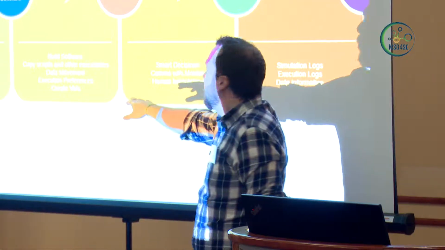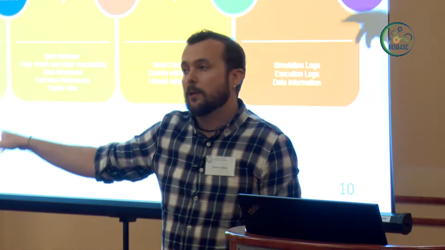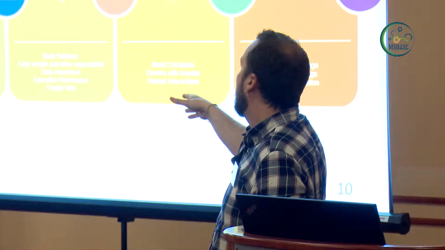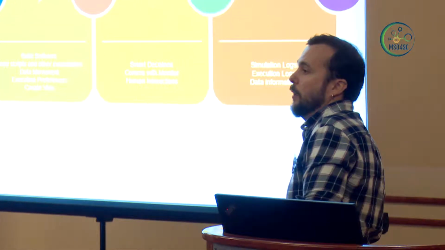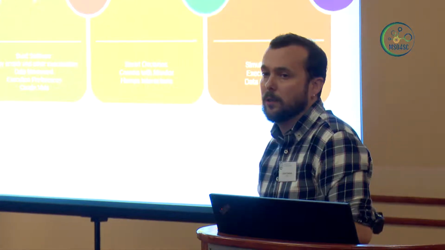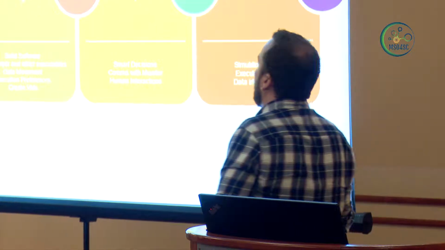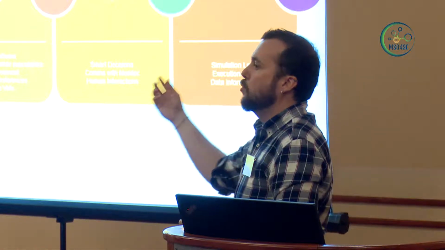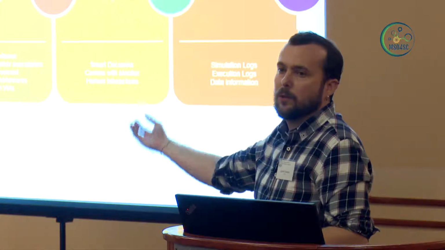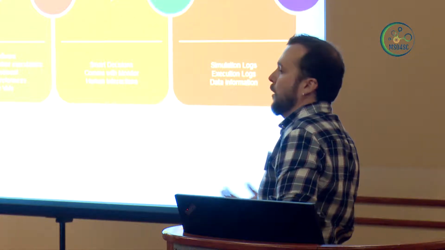Then this is going to be sent to the orchestrator and the monitoring part, and what it's going to do here is to deploy the execution. For example, if we have an application, we are going to copy the data from the repository to the HPC.